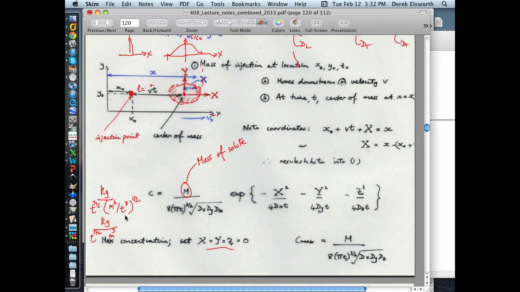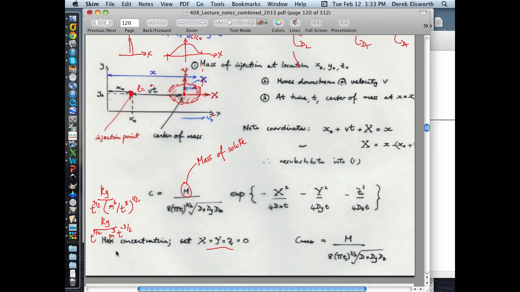times seconds to the, so this is seconds to the 6th, is it? Yeah, but it's 1 over, right? So it's minus 3/2, is that right? So this is seconds to the minus 3/2, is that right?